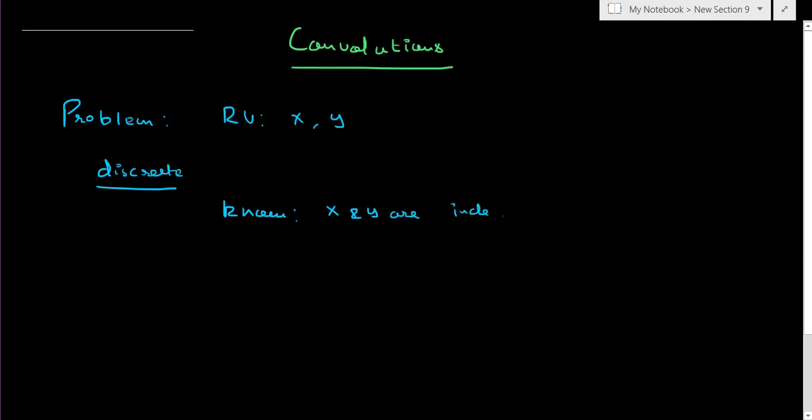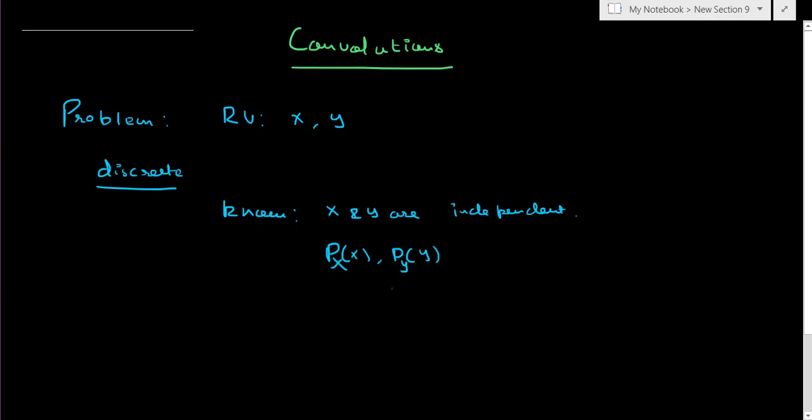Okay, this is a fact that is known. Okay, and I know the individual probability density functions of x and y. So I know probability x and I know probability y. These functions are known to me.